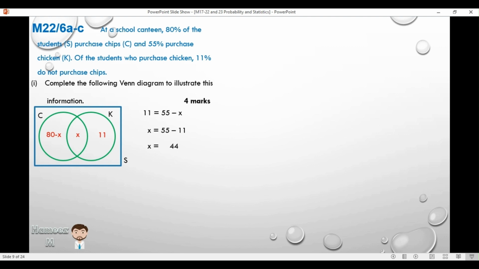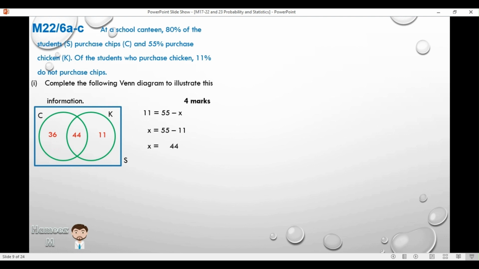As such, we now know that 44% of the students purchase both chips and chicken. And if X is equal to 44, then on the left-hand side, how many purchase chips only? 80 minus X. So 80 minus 44 is 36.